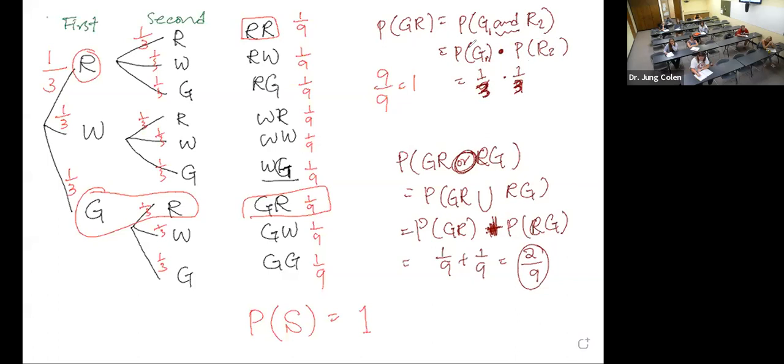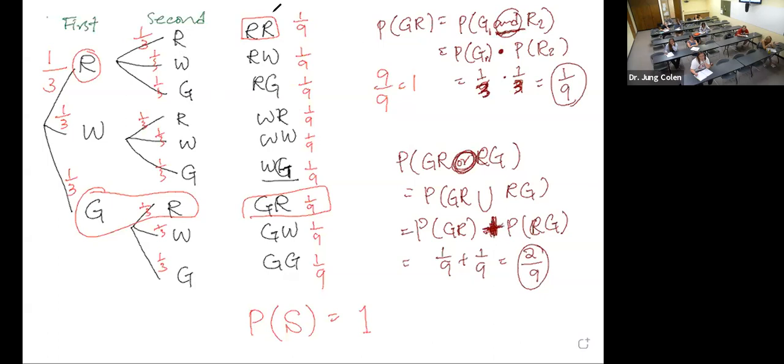Getting green in the first row is 1/3, and getting red in the second row is 1/3. So we have 1/3 times 1/3, which is 1/9. So remember, if you have independent events, if it says and, you can multiply them. If it says or, you can add them.